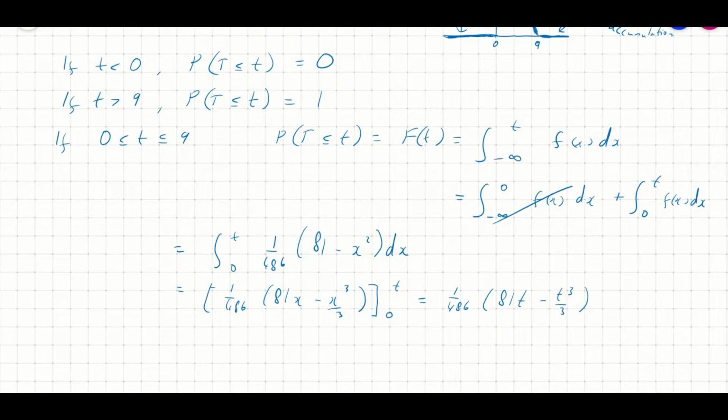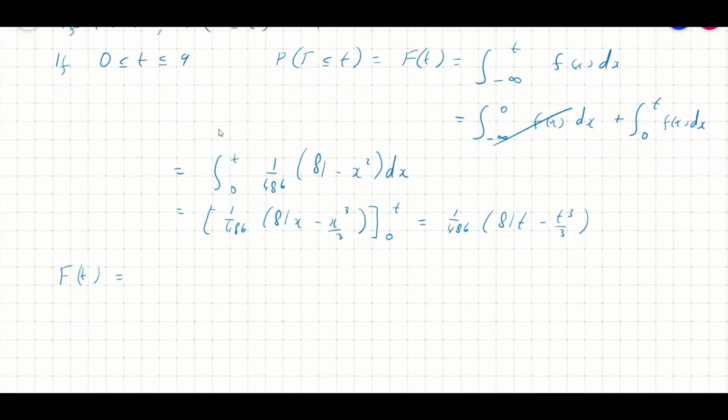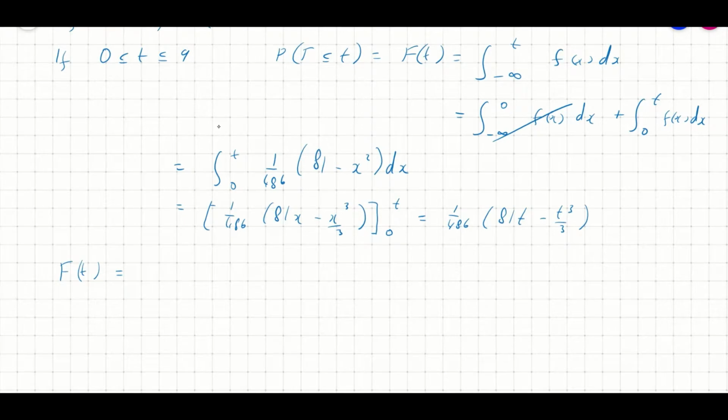Okay, and we're sort of done now. We have to just write down the full F(t). Well, we had the three regions. We had F(t) is 0 for t less than 0.